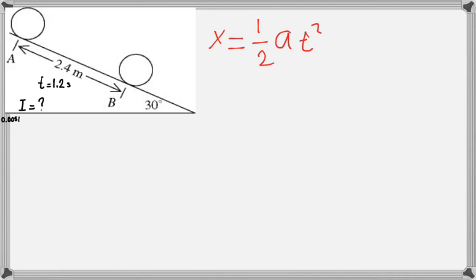So from this information, I can find the acceleration of the center of mass of the rolling object. And I can calculate easily the acceleration as twice the distance divided by t squared. And let's do this. 2 times 2.4 is 4.8 divided by 1.2 squared, right?